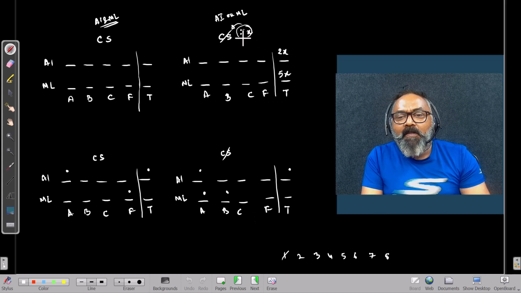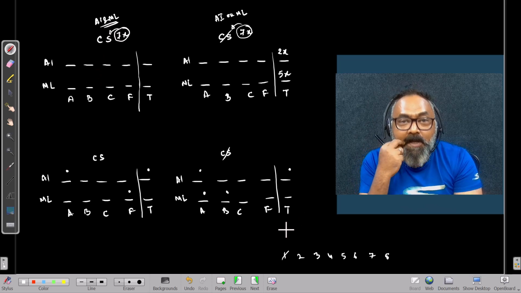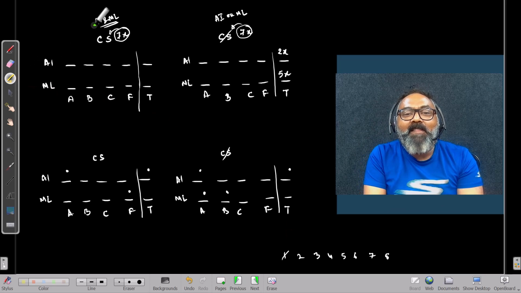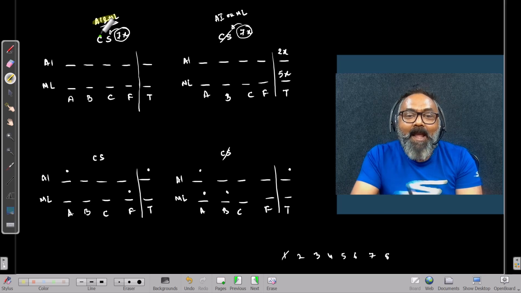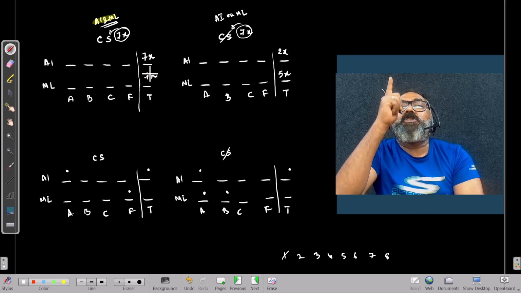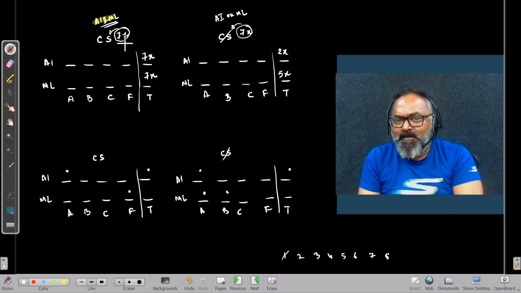So this 7x is also the number of CS students. Then we look at any additional inference we can draw. These students have to take AI and ML, so the number of students who've taken AI would be 7x, and the number who've taken ML will also be 7x, because they are computer science students. They have to.